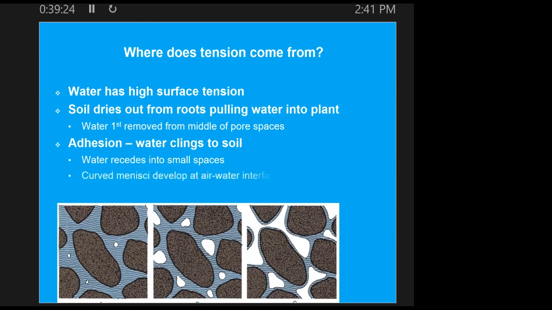And so then you get those curves that I pointed out in an earlier slide, these curves at the air-water interface. The fancy word for that is menisci, or the meniscus. You might have heard that.